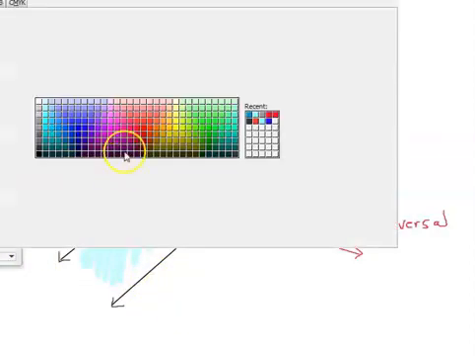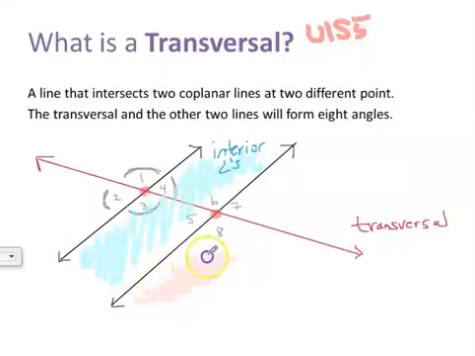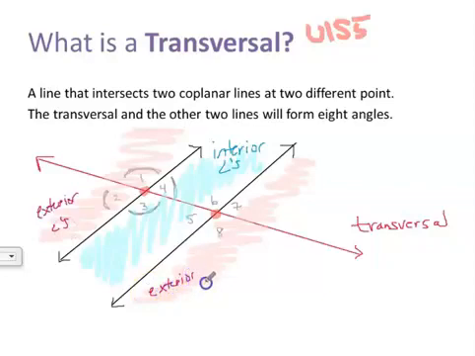Whereas on the outside of our 2 lines, let's do this in pink, we would call these exterior angles. And this is just going to help you when you're learning about some of the different angle pairs that exist when we've got transversals that intersect 2 lines. So go ahead, make sure you take these down in your notes. I'm going to move on to the next slide. If you need more time, go ahead and click pause.